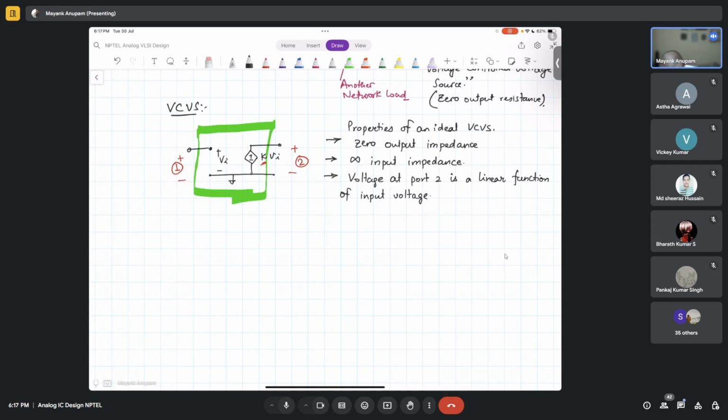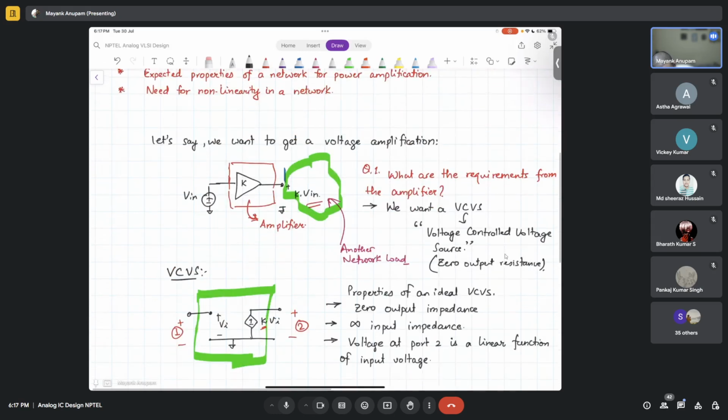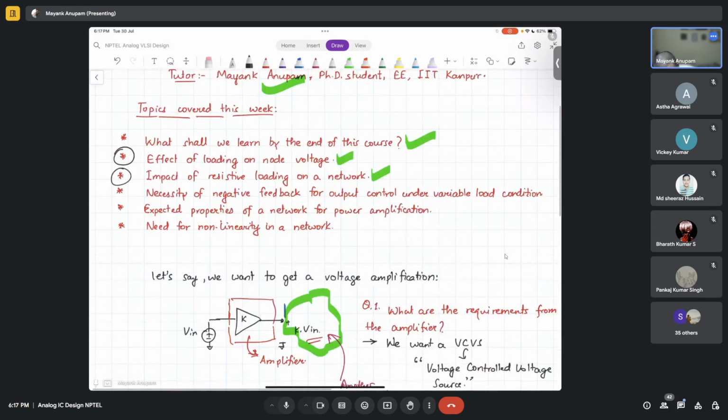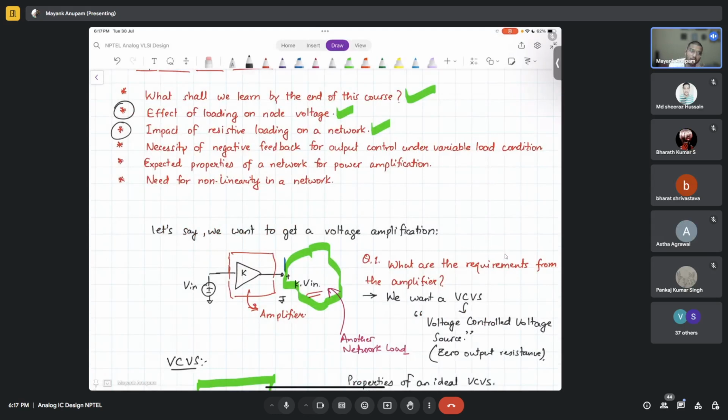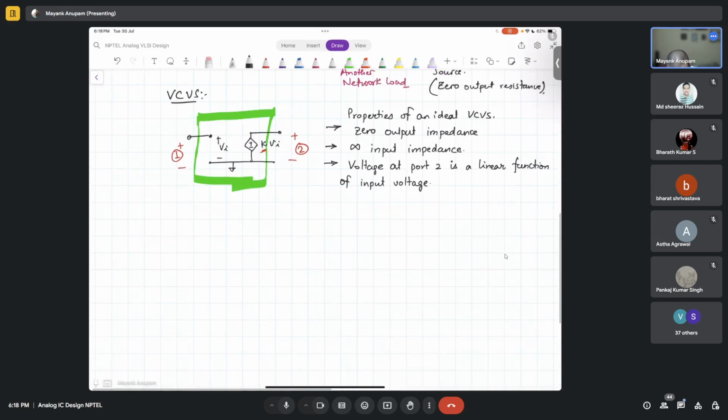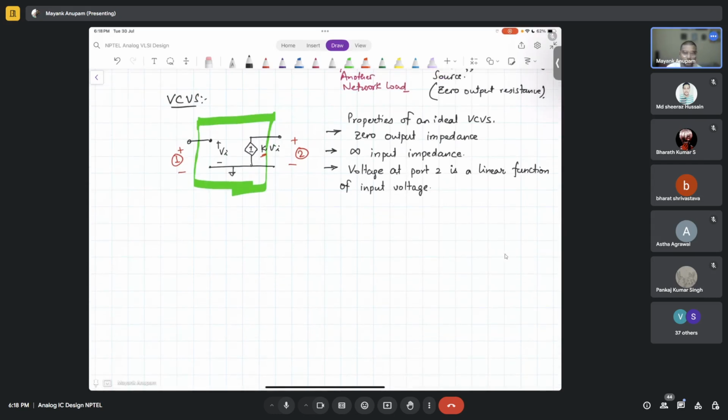So all these things are properties of an ideal VCVS. So the whole course started with the motivation to make an ideal VCVS, an ideal voltage controlled voltage source. We want the output voltage to be some proportionality constant times the input voltage. That is what we want. Correct. That is the whole point.